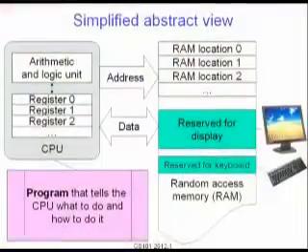So that recipe is a program or an algorithm. And that program, which tells the CPU what to do and how to do it, turns out it's also stored in RAM itself. So the CPU can read the recipe from RAM and then execute it on other parts of the RAM to get your results. So that's a rough idea of what a computer looks like on the abstract view.